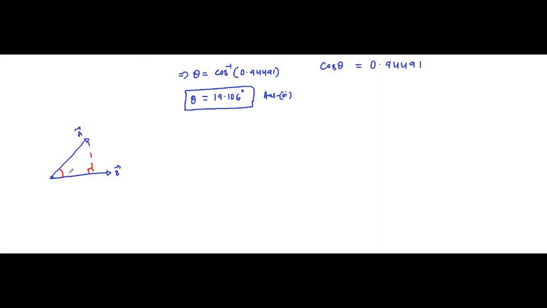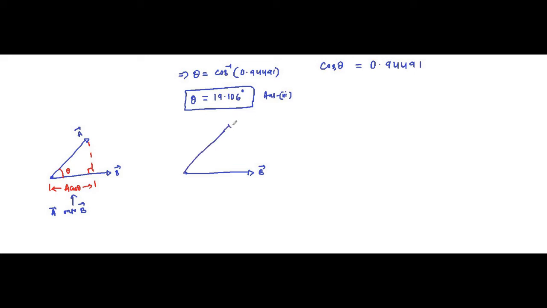The angle between them is theta. So this is the scalar component of A vector onto B vector, A cos theta.